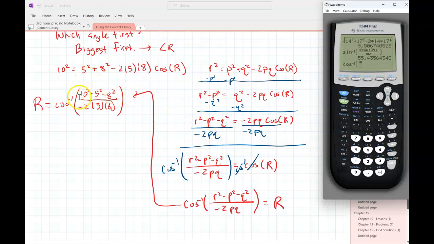I think it's much easier to leave it all the way it's supposed to be and type it in the way it looks on your sheet of paper than to simplify a bunch of stuff along the way, where you give lots of opportunities to make order of operation mistakes. If you just keep everything by itself and let the calculator handle it, the calculator tends to do a pretty good job.